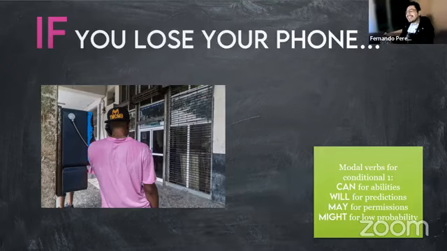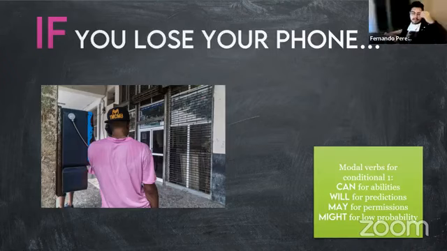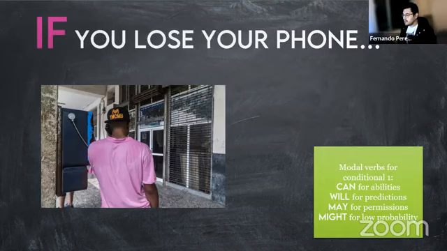Okay, again, repetition please. If I lost my phone, I might recover photos or files. And you know what? You can use might in negative. In this case, it sounds better if you use negative. It's low probable, super low probable.